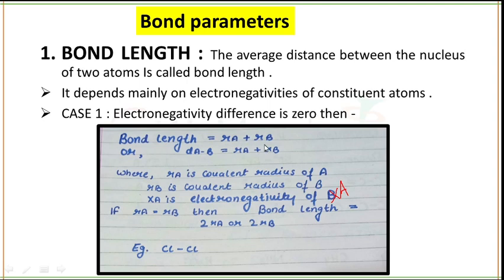Ra stands for the bond length of atom A and Rb for the bond length of atom B. The total bond length becomes Ra plus Rb, where Ra is the covalent radius of A and Rb is the covalent radius of B, that is your average distance between two atoms. Xa is the electronegativity of A and Xb is the electronegativity of B. When you have electronegativity difference of 0, then you may conclude that bond length is equal to twice Ra or twice Rb, as in the case of the Cl2 molecule.